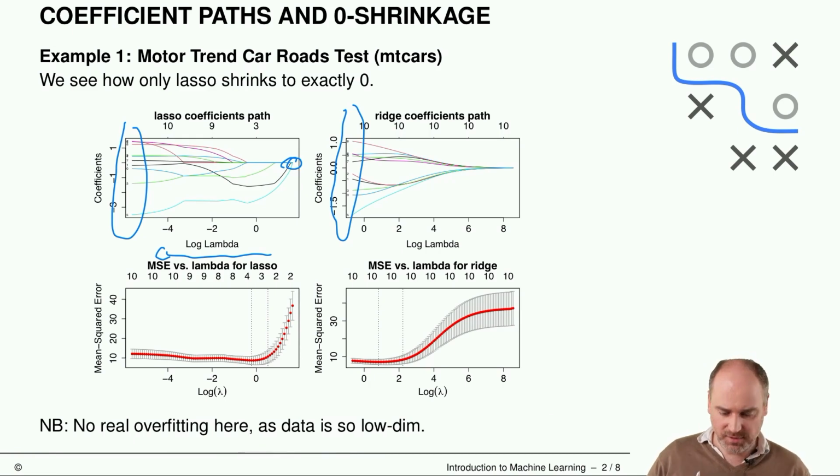Now we increase lambda, and what you can see is how parameters get shrunken. For the Lasso, you can also see that they get pushed out of the model completely. For Ridge, you can see that everything becomes smaller, but nothing really becomes exactly 0.